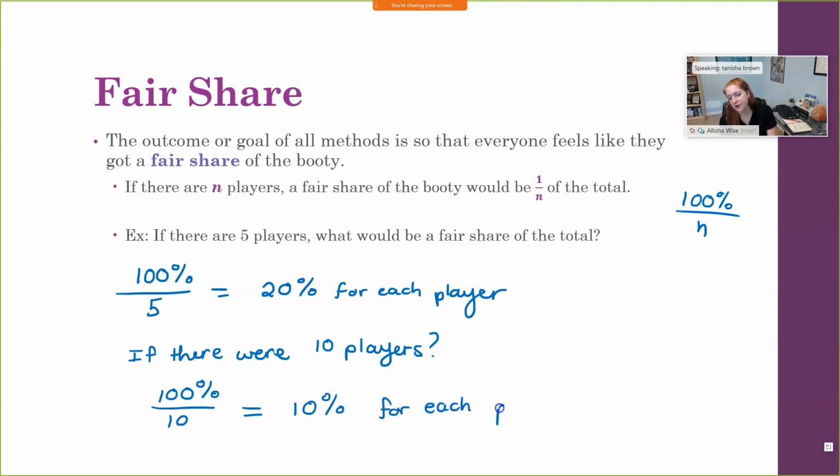That would be 10% for each player. Yeah, exactly. So the percentage that you deserve as a player is just 100% divided by the number of players. The higher the number of people, the less the percentage. Yes, because you have to break it down into smaller pieces of the pie, basically.